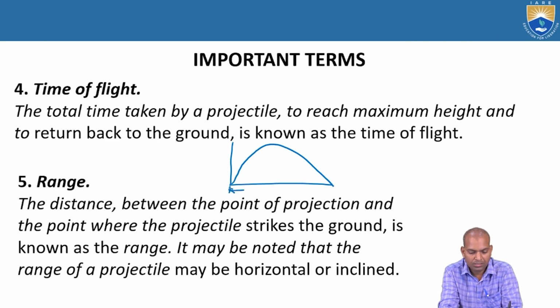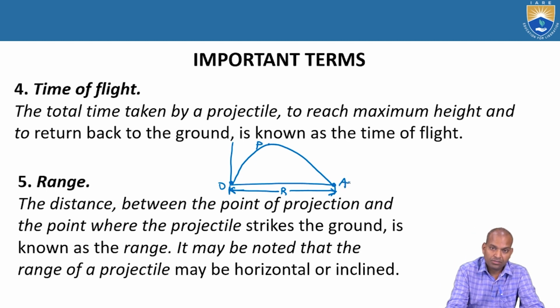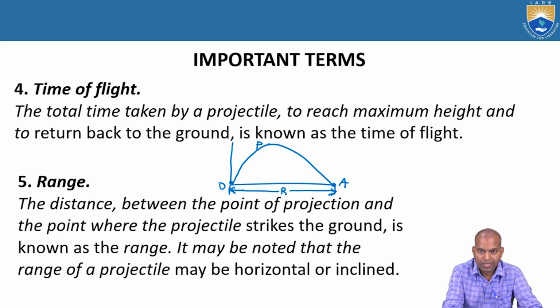This horizontal distance, from this point to here, OA, is known as range. The time taken to travel the trajectory OPA is the time of flight, and the distance between O and A is the range.